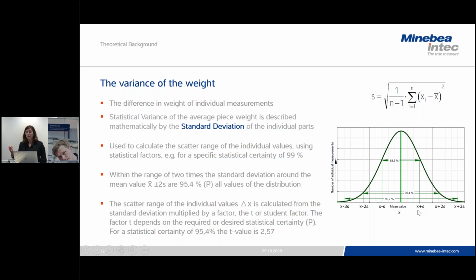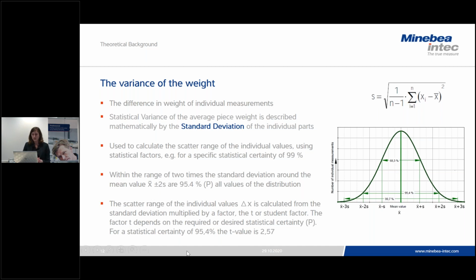For example, when we take the mean value plus the standard deviation and the mean value minus the standard deviation, 68% of our measurements are within this scatter range. So this 68.3% is the statistical certainty.